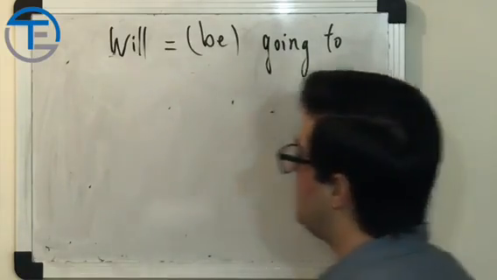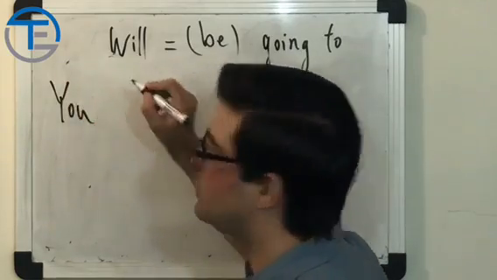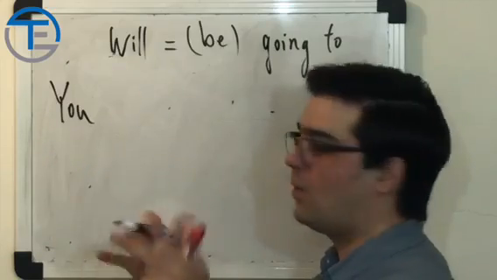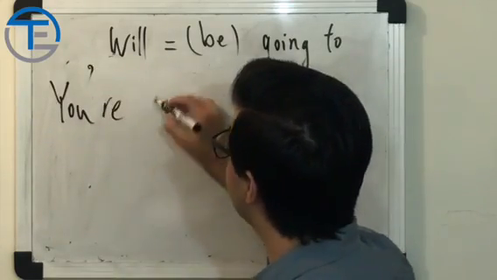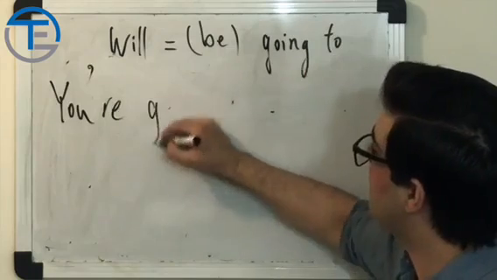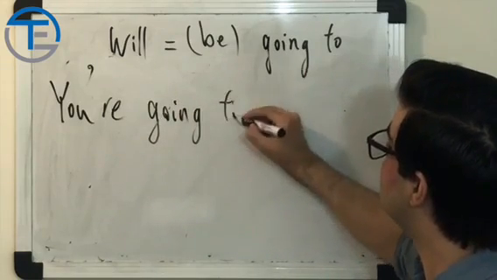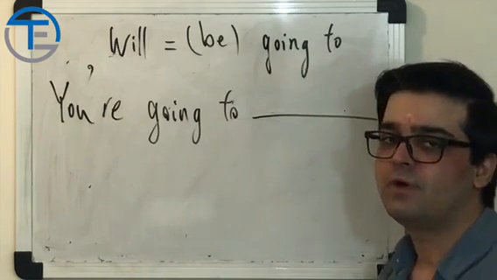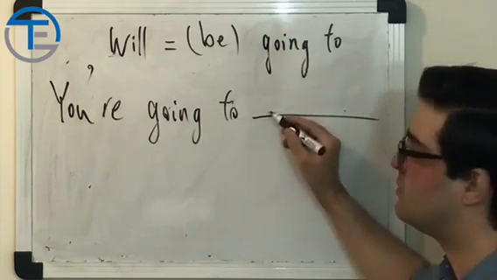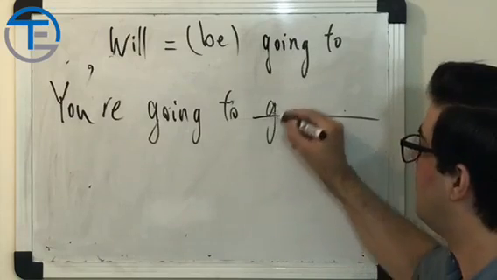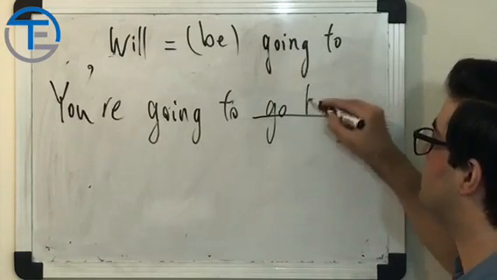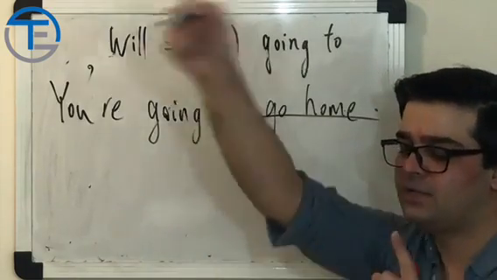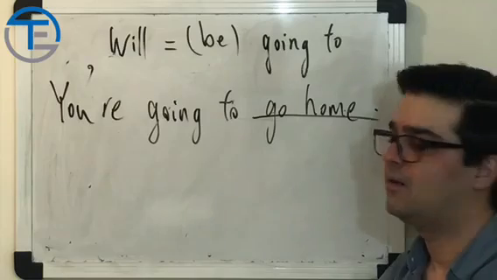For example, you are, or use contraction, contract this one, you are, you're. Going to, okay, going to, and then here you have to use your verb in the simple form. For example, use verb go and complete your sentence. For example, home. You're going to go home. It's related to future. Okay?